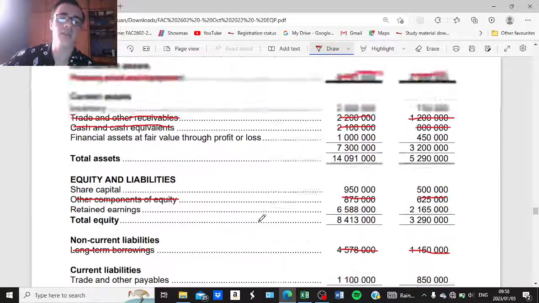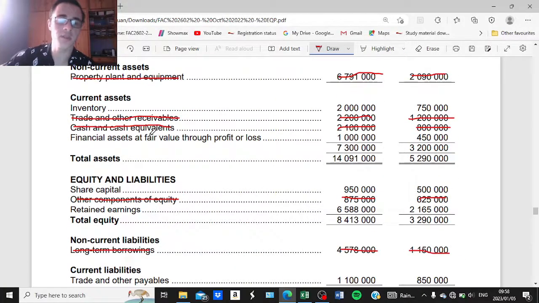All right. If we look at our statement of financial position, we are given the financial assets at fair value through profit or loss. And from the looks of it, there was an increase from last year, which means that there was an acquisition of additional financial assets for the purpose of trading.